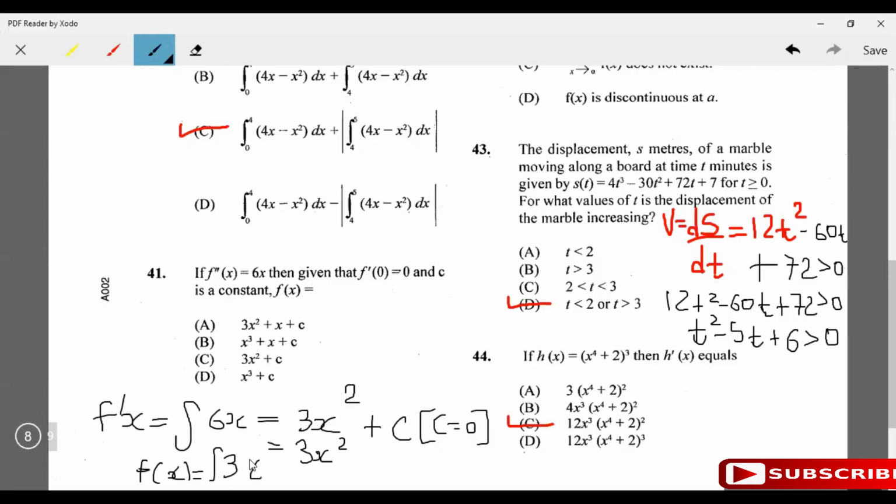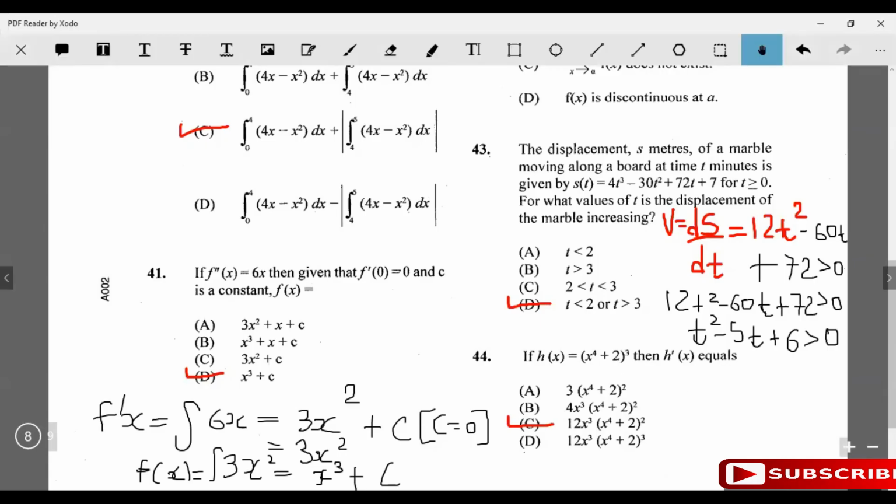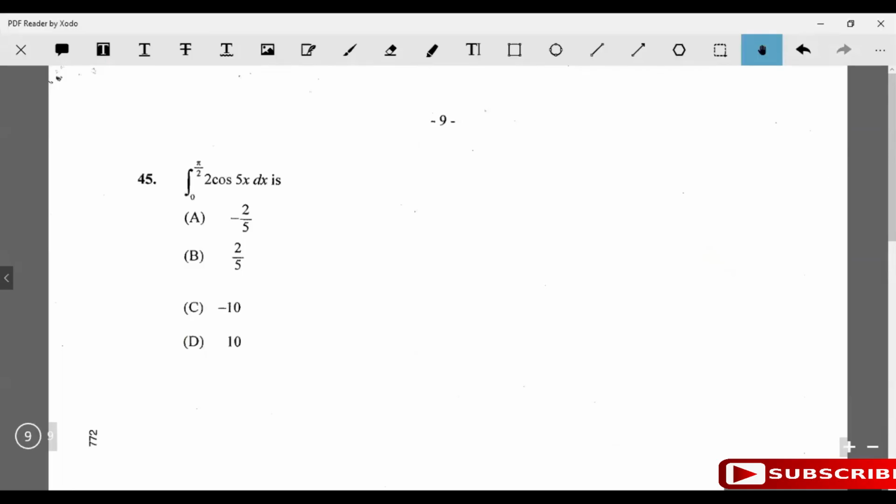When we integrate 3x squared, we get x cubed plus some constant c. So that is option D. That's question 41. Easy. All right.